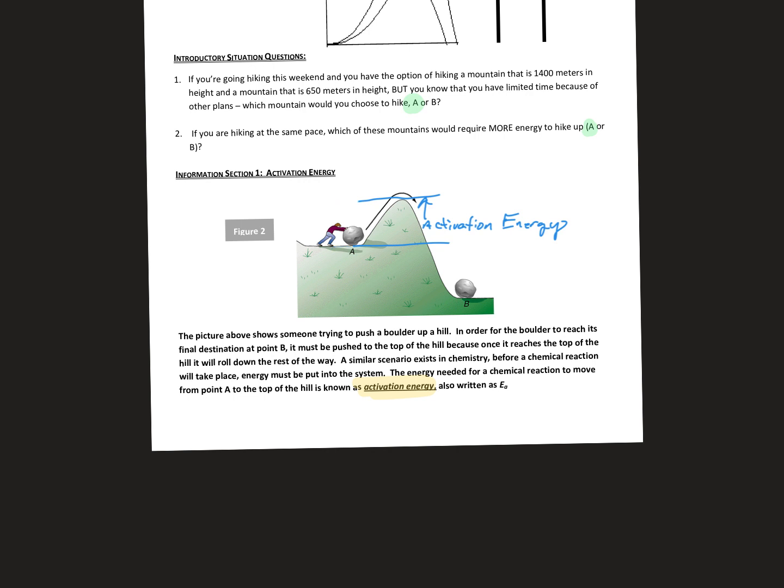Now, when that ball starts rolling down, the energy put in will come back out. So this is energy going into the system required, where on the other side is the energy coming out of the system.